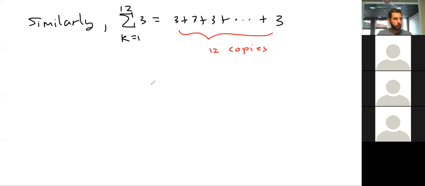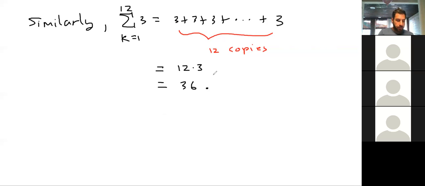And so the shorthand way of writing this is 12 times 3, or of course 36. So if you went to your calculator and added up 3 12 times, you'd get 36.